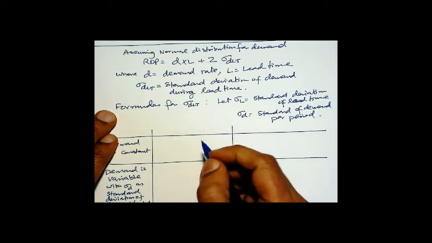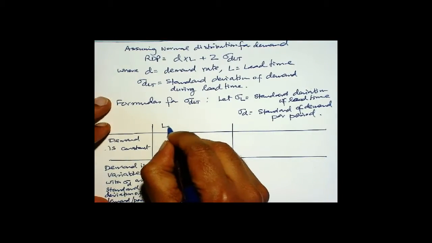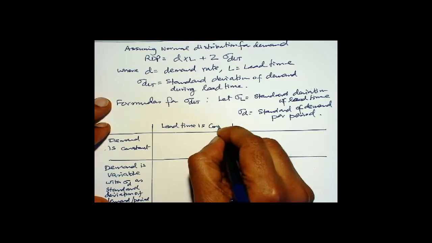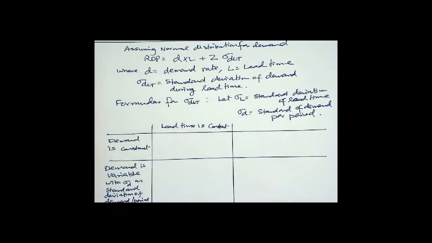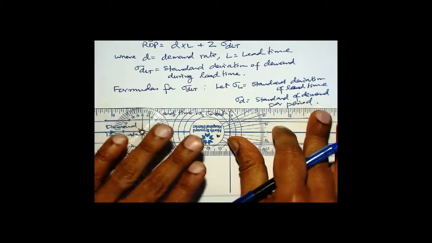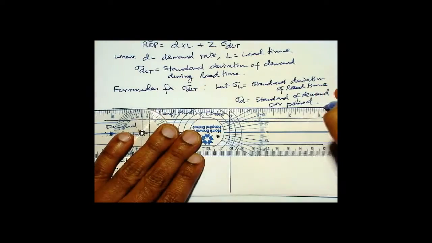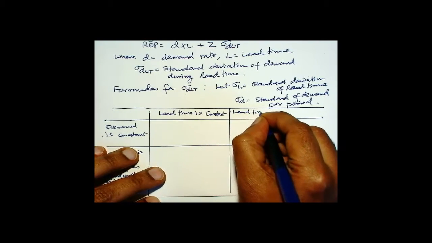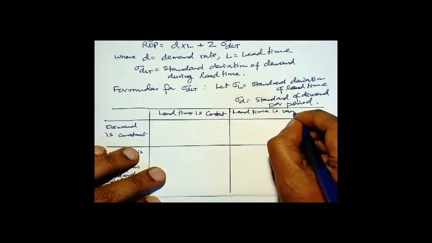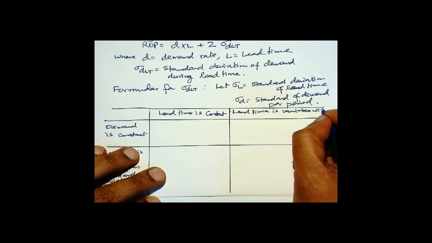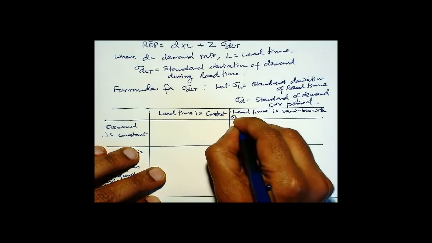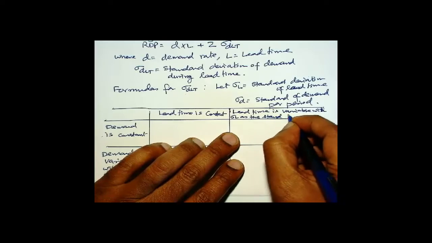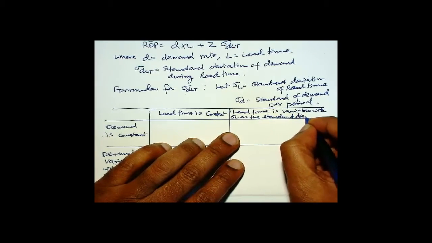Okay, so lead time can be constant, or lead time is variable with sigma sub L, okay, as the standard deviation of lead time.